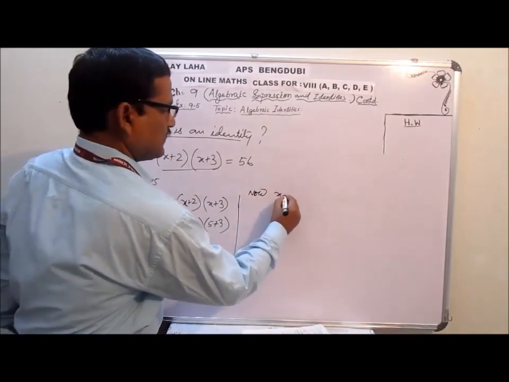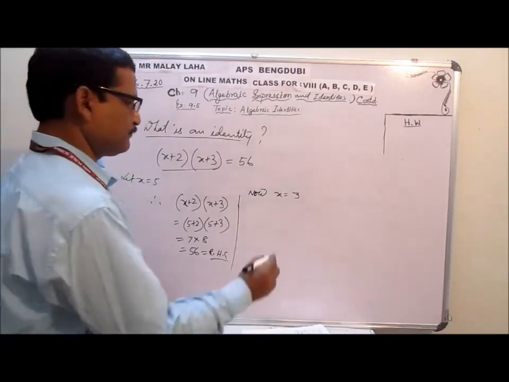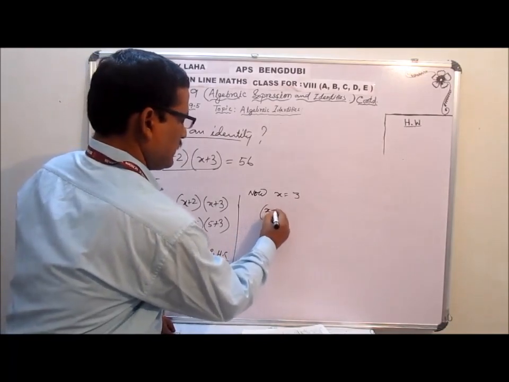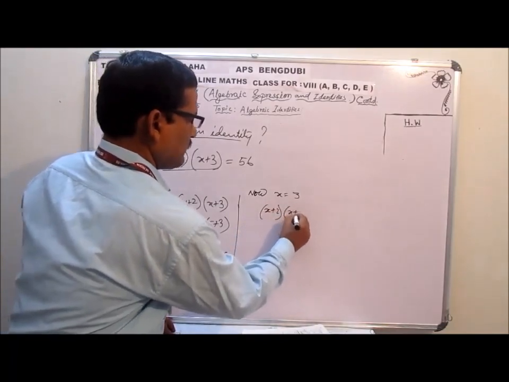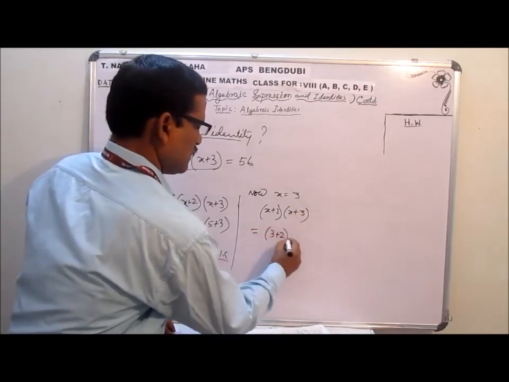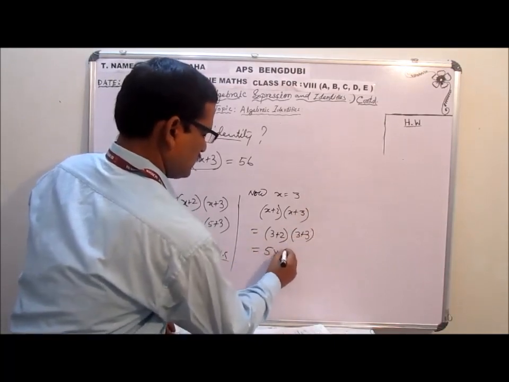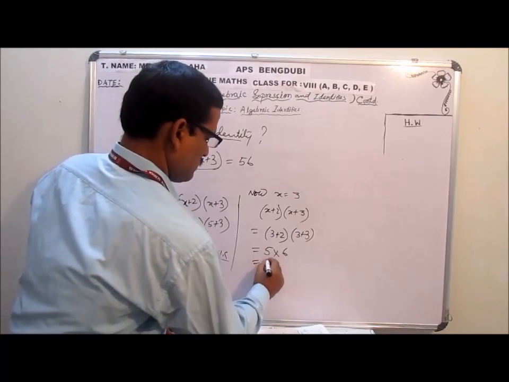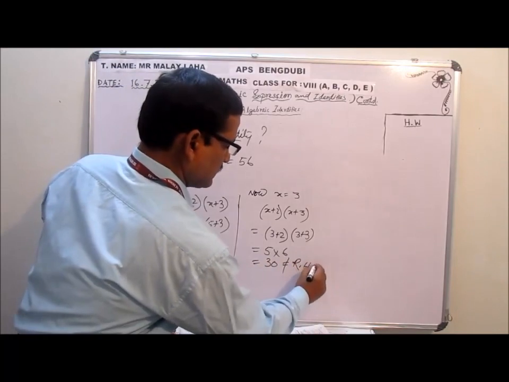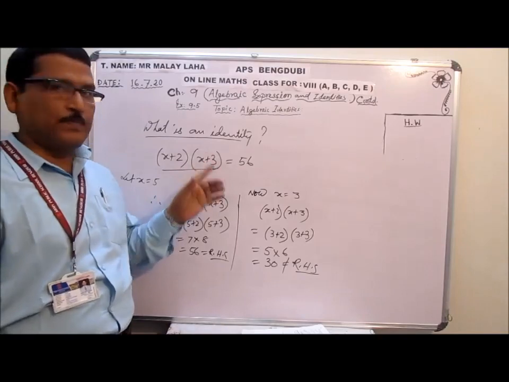Now x equals, say, 3. Then (x plus 2) into (x plus 3), put the value x equals 3: 3 plus 2 and 3 plus 3, 5 into 6, that equals 30, which is not equal to the RHS, 56.